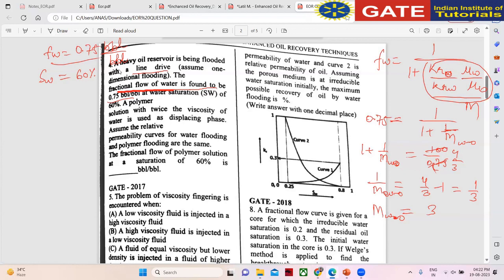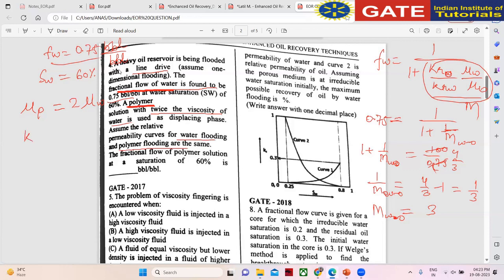So now read the second case. A polymer solution with twice the viscosity of water. The viscosity of polymer will be twice the viscosity of water. Okay. Used as a displacing phase. And the permeability curve for the water flooding and polymer flooding are same.